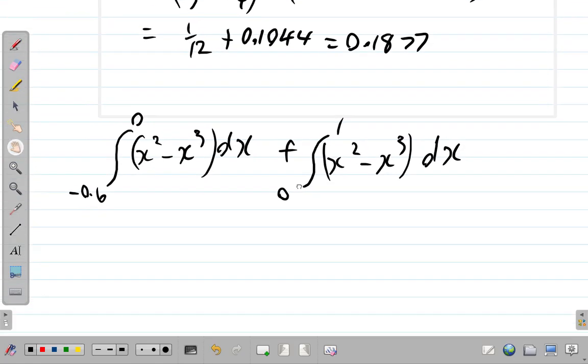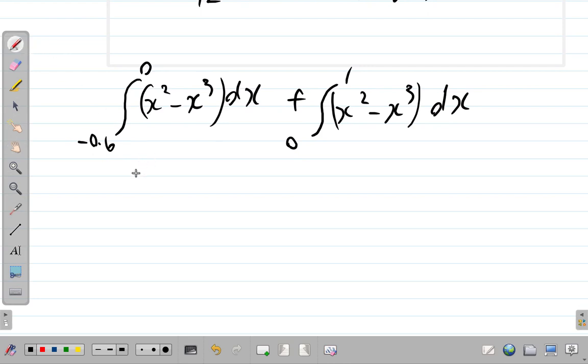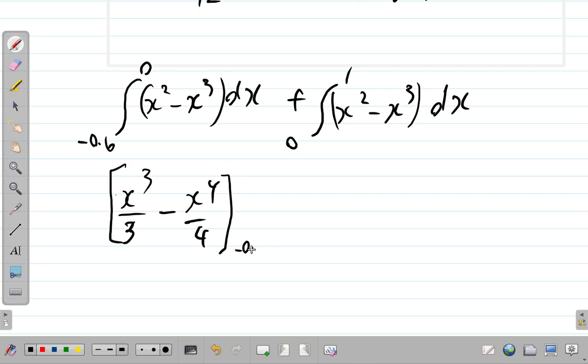We have the integral from negative 0.6 to 0. This is going to become x cubed over 3 minus x to the 4th over 4, going from negative 0.6 to 0.